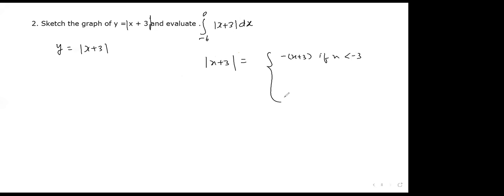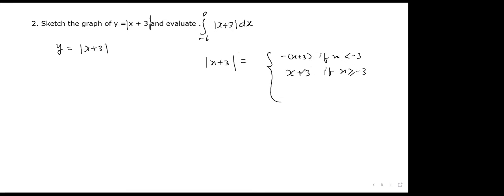If we have mod x plus 1, then it is defined at -1. Make the function in the modulus 0, and whatever value of x you get, the function is defined there only. For x less than -3, it will be negative (x plus 3), meaning negative x minus 3. And if x is greater than or equal to -3, then it is positive, x plus 3.